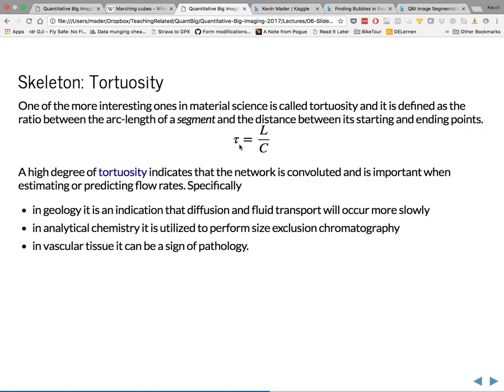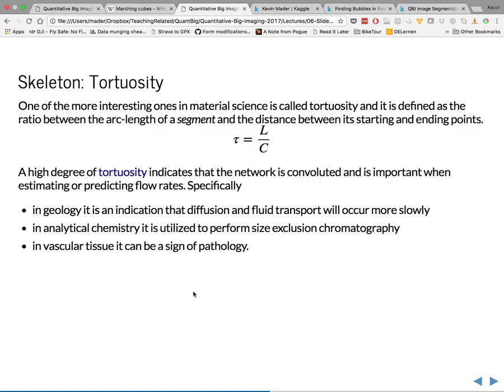And so a high degree of tortuosity indicates that a network is convoluted and that the flow isn't going directly from point A to point B, and that this would tendentially predict that your flow rates would be much, much lower than in something that was a very straight shot.